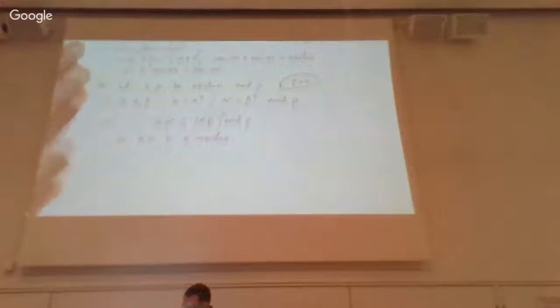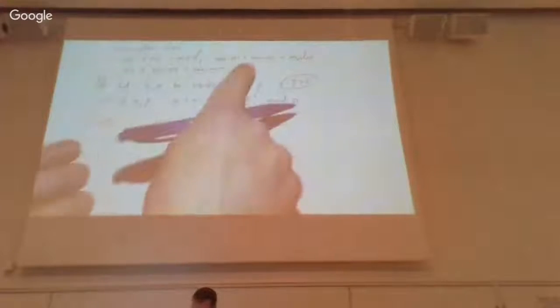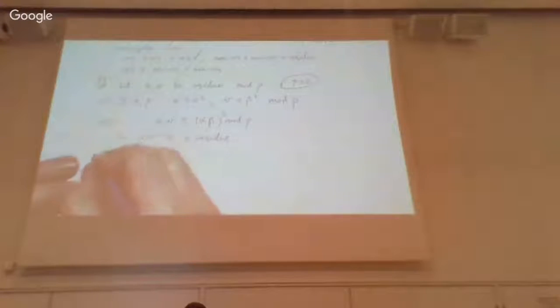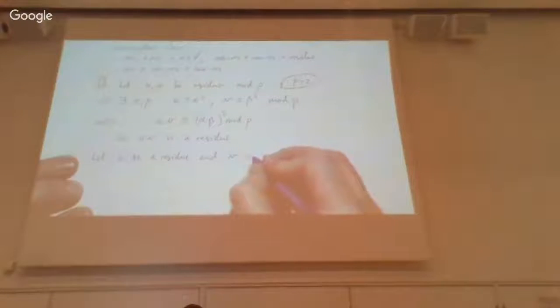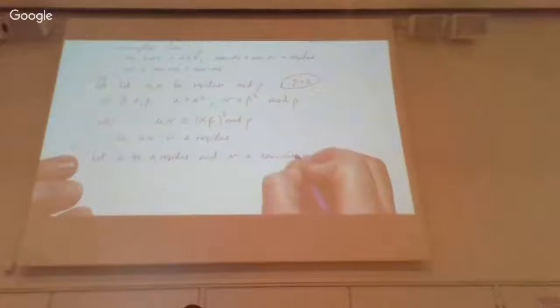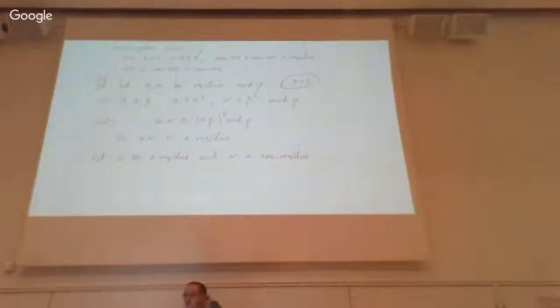The other two are maybe a little harder. Let's go for this one now. Let u be a residue and v a non-residue modulo p. Now what does this mean? This means that there exists an alpha such that u is the square of alpha mod p.